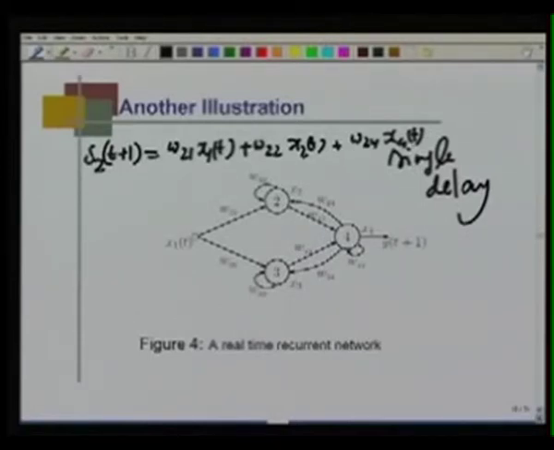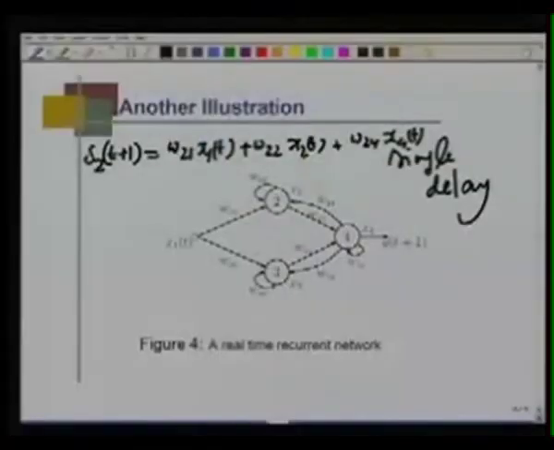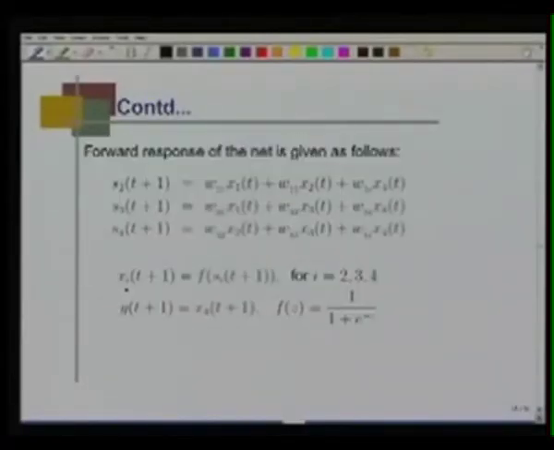These are the total 3 input signals to this neuron 2. So, this is the summed input to the neuron and then it is sigmoidally activated. Based on that, we compute X2 t plus 1 as f of S2 t plus 1.